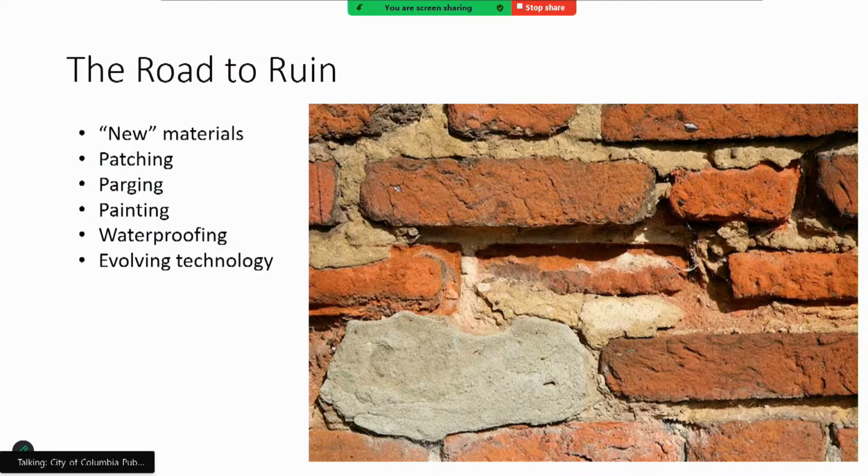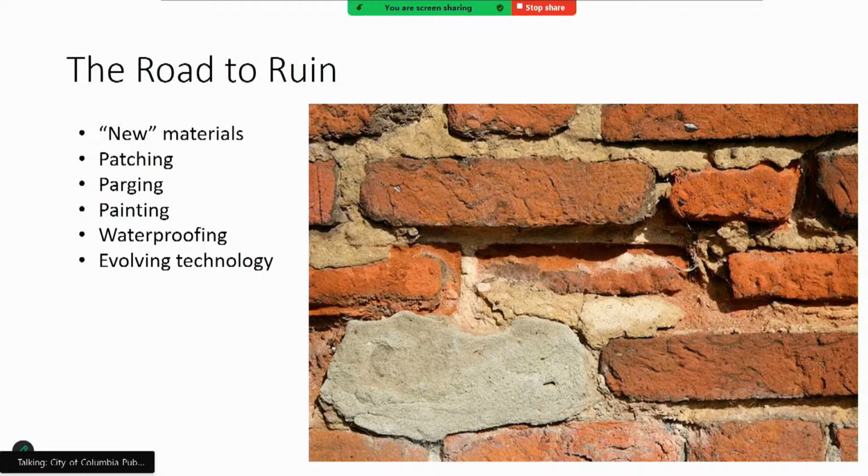So I've seen in Charleston, for example, someone back in the day, they said, oh, this wall is falling down. We need to make sure it's stronger. So they parge the exterior, which is just adding kind of a small skim coat of cement to the surface of the brick.